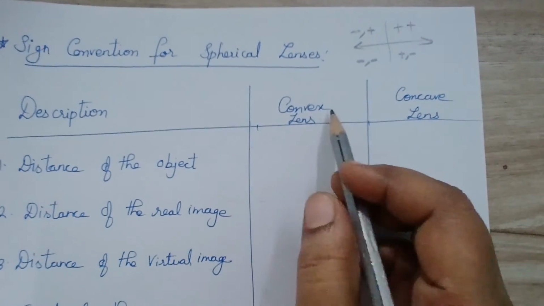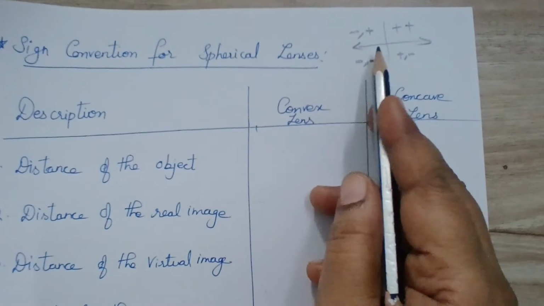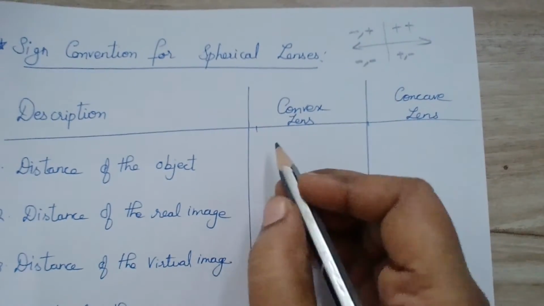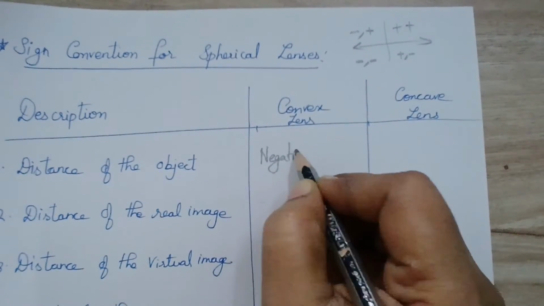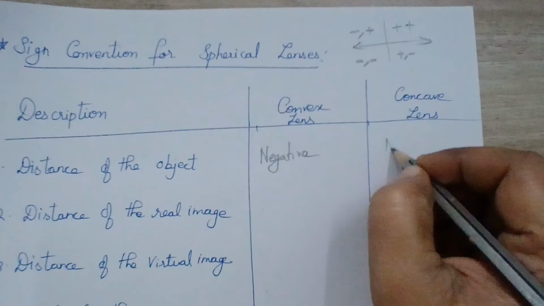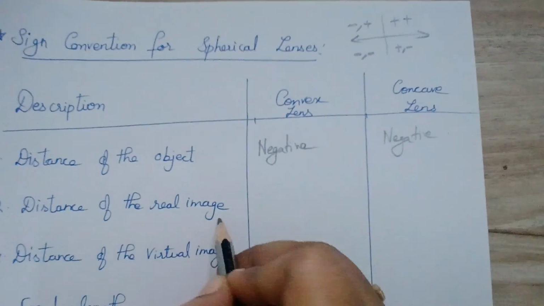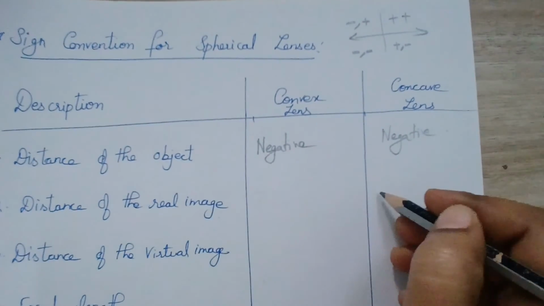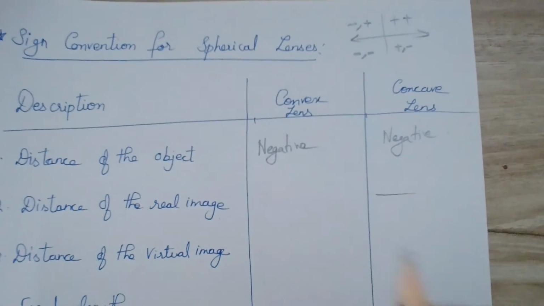So the distance of the object: for both convex and concave lens, the object is kept on the left side, the negative side of the x-axis. So it is negative. Always make sure it is negative. Next, the distance of the real image. In the concave lens, we got only the virtual and erect image, so it is not applicable.